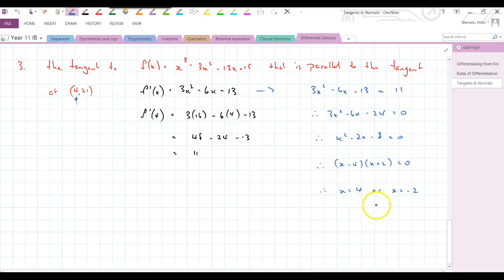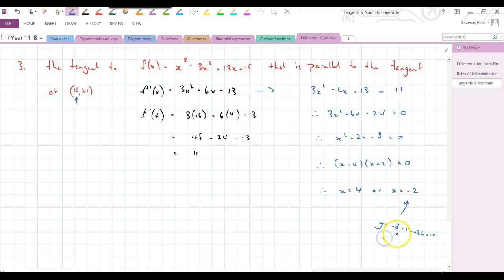So when x equals minus 2, y is equal to, I've got to go in here now: minus 2 cubed is minus 8, minus 3 times minus 2 squared, which is 4, so minus 12, minus 13 times minus 2, that's plus 26, plus 15.